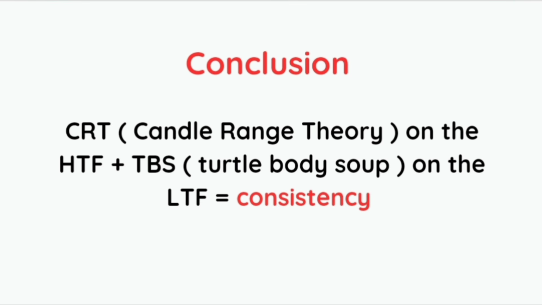And now the conclusion is, if you use TBS, which means turtle body soup, on the lower time frame after higher time frame analysis with CRT, the probability of the trade will be high and you will become consistent in trading.